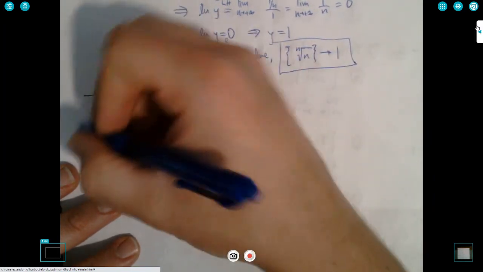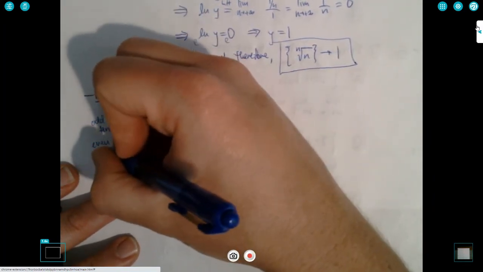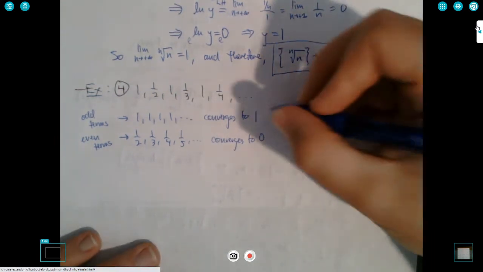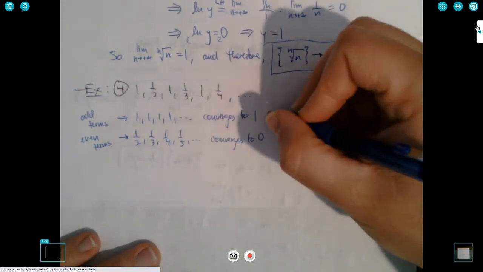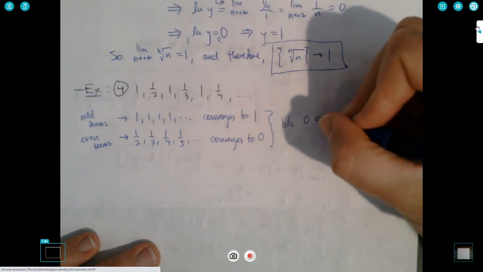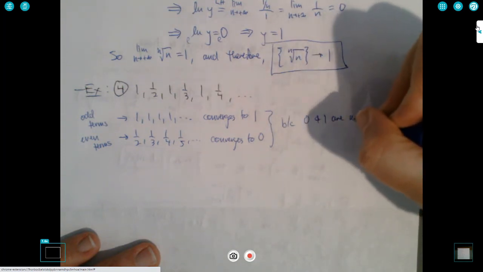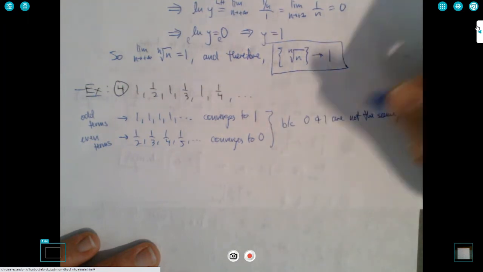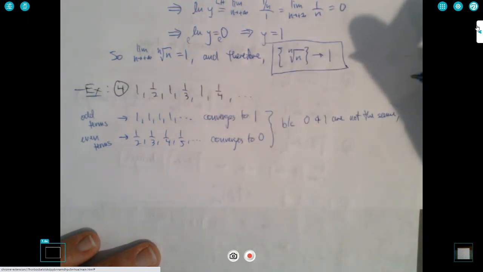Those are the even terms. But because 0 and 1 are not the same number, the overall sequence diverges.